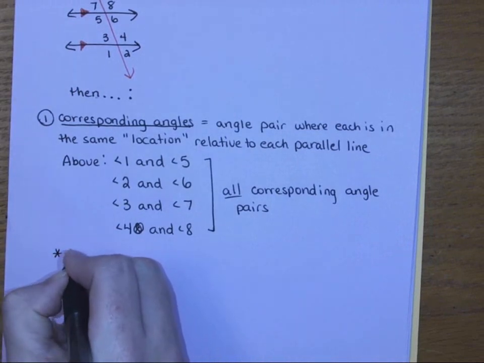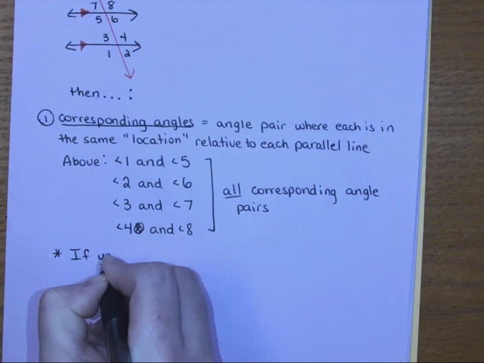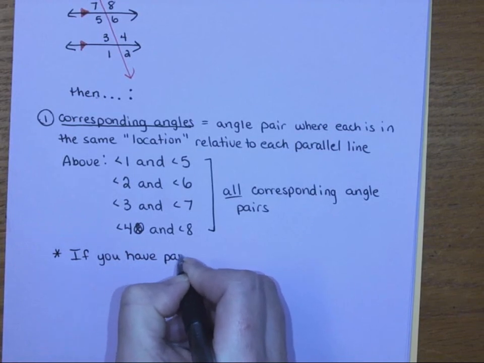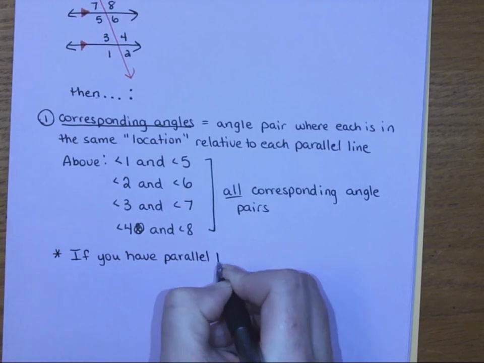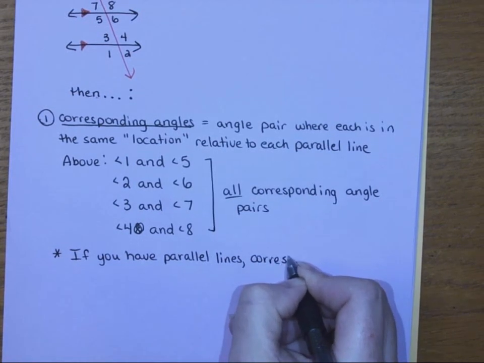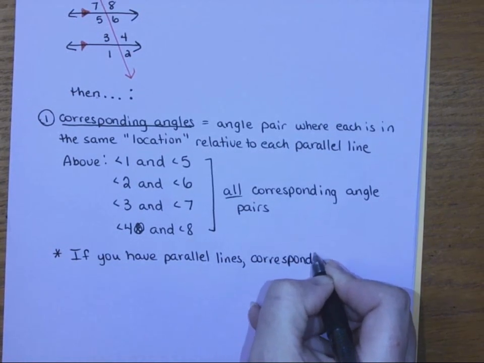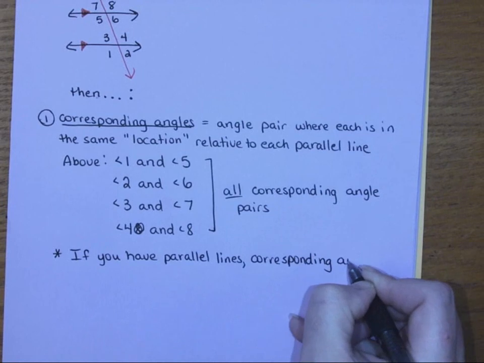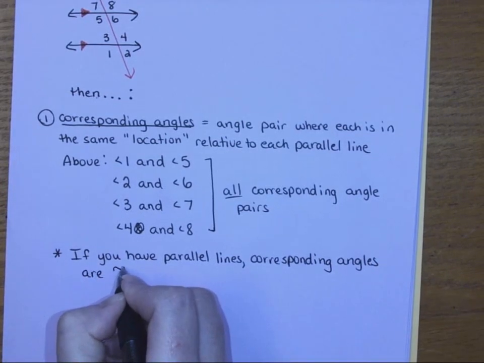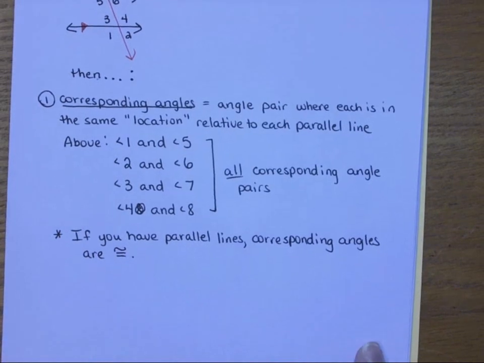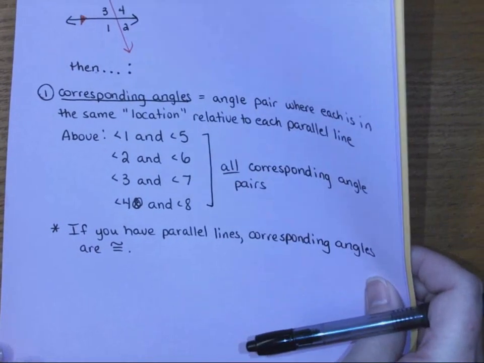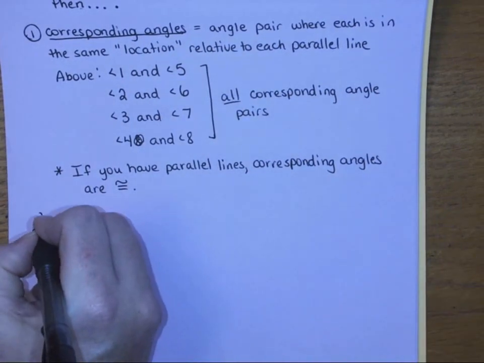And just so you know, if you have parallel lines, that's why I underlined the if. If you have parallel lines, then these angles are congruent to each other always. That is not the case if the lines aren't parallel, but as long as you know that they are, then these angle pairs will be congruent to each other.